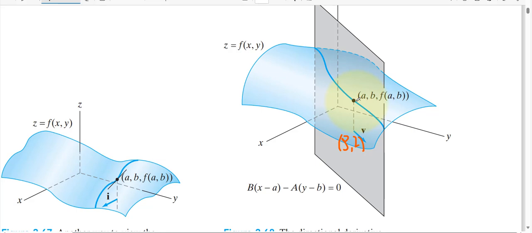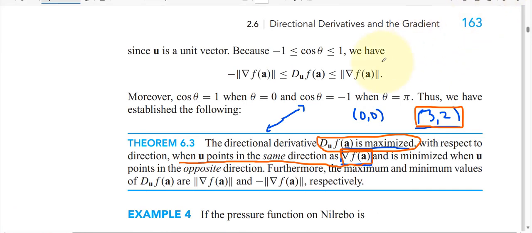And then we're going to move to some other place on the surface, but really that means in the xy plane we've moved somewhere else. So if we want to know where to move, we can say in the xy plane, which direction should we move? Okay, so the directional vector that we're talking about is in only the xy plane, even though the whole curve is in 3 space.